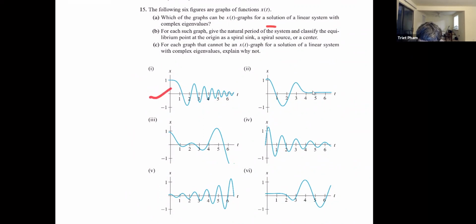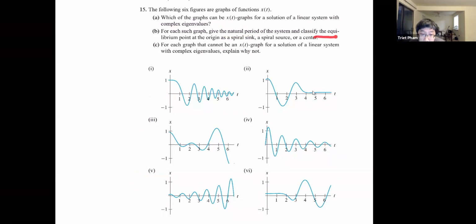basically among these, which one seems like a legitimate graph of a system with complex eigenvalues? After you identify those legitimate systems, what's the natural period? I think that's B, right? How long does it take to circle back?